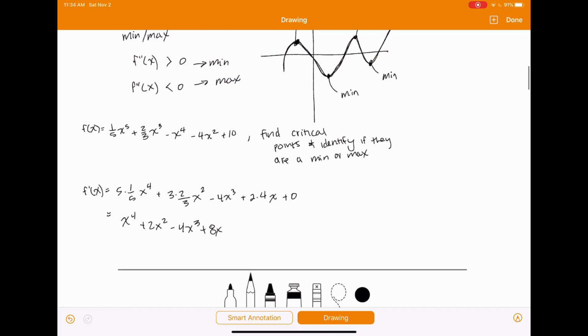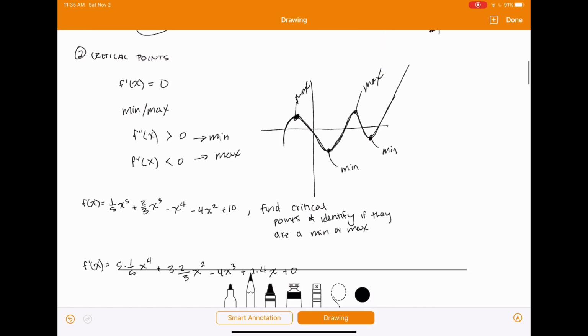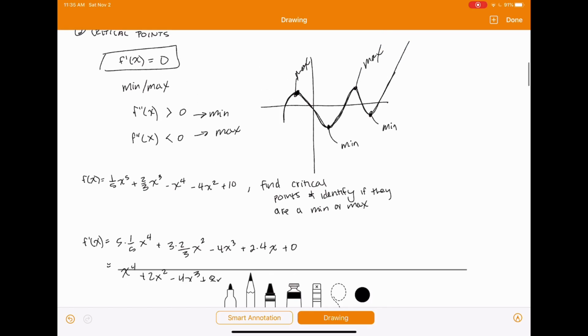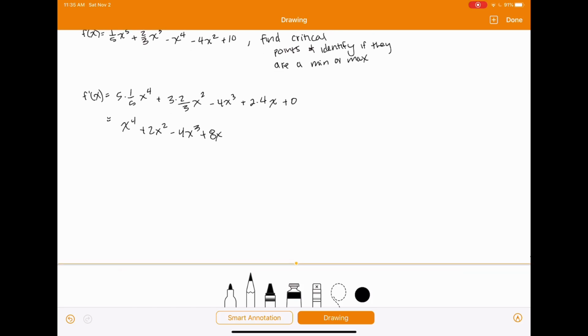So, again, just reviewing, you're going to find your critical points or your points of inflection, where f prime of x equals 0. So we're going to go ahead and plug 0 in for f prime of x. So we're going to get 0 equals x to the 4th plus 2x squared minus 4x cubed plus 8x. And then we're going to solve for x.